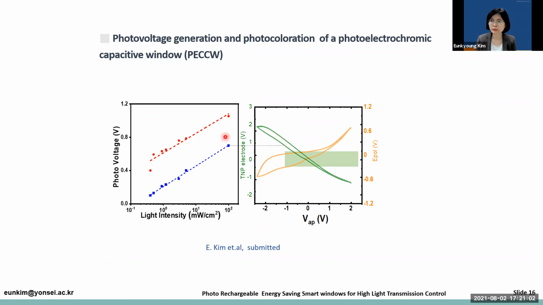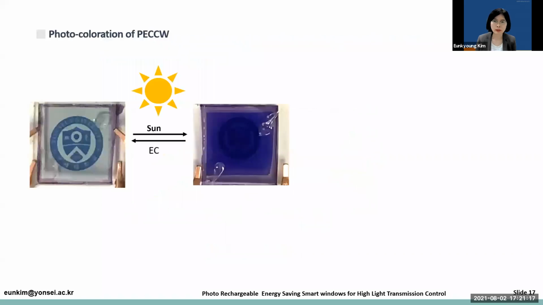And even a photovoltage of 0.7 volt corresponds to an application voltage of -1 volt, which is very sufficient to reduce the electrochromic polymer. So with one shot, this transparent electrochromic window changes color toward a dark color.